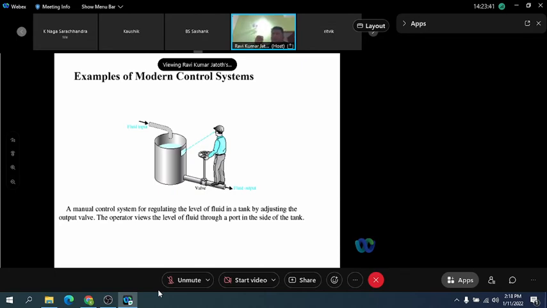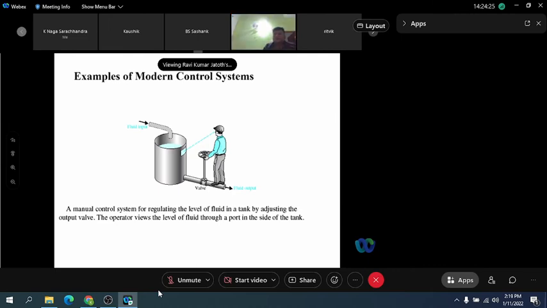So there should be an observer who sees the level of the liquid, and when it is above the level, he opens the valve so that the liquid goes out. And if it is less, he closes the valve so that the liquid stays at a constant level. So this is called an open loop system.